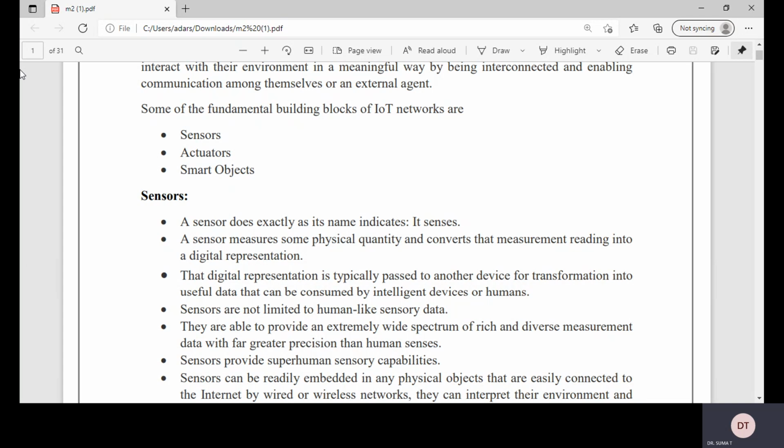Naturally, these sensors are not limited to human-like sensory data. A parallel can be drawn with humans and their use of five senses to learn about their surroundings, like human beings having five sense organs with which they sense.